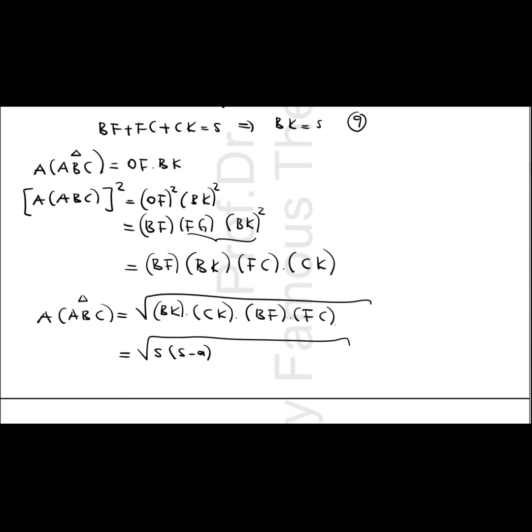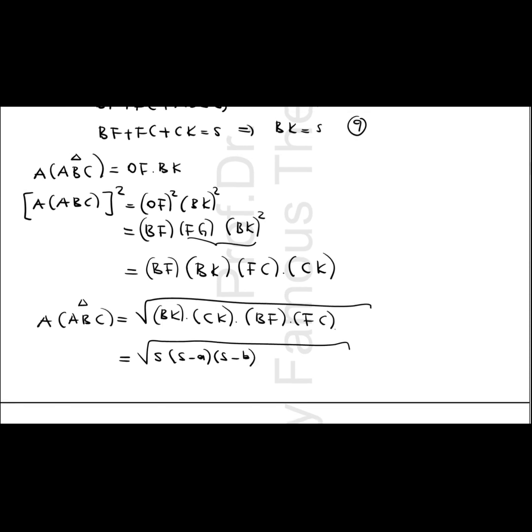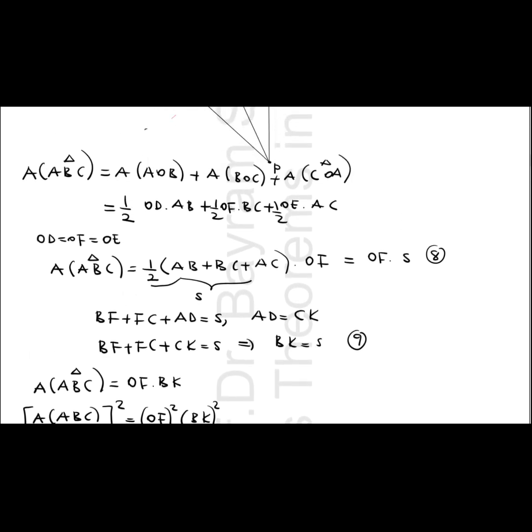So FK becomes this one, AE, because AD equals CK, but also AD equals AE. So we have S minus B. And the last part, FC.